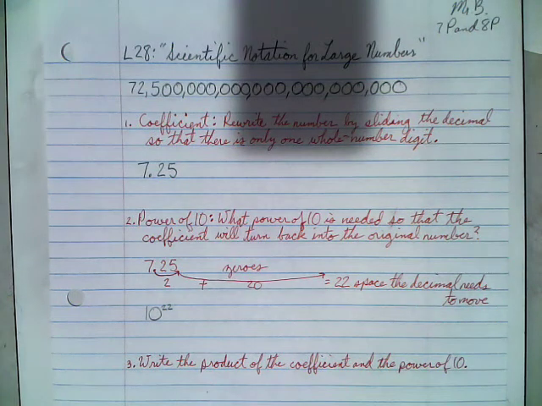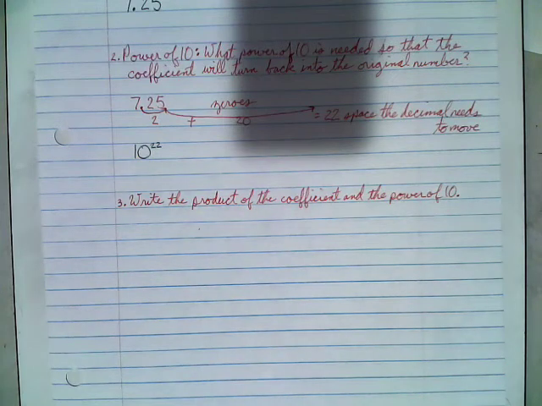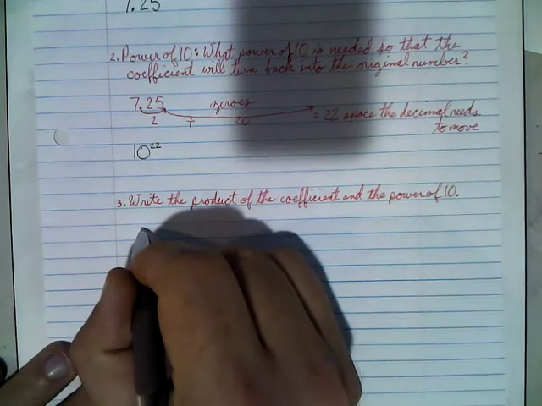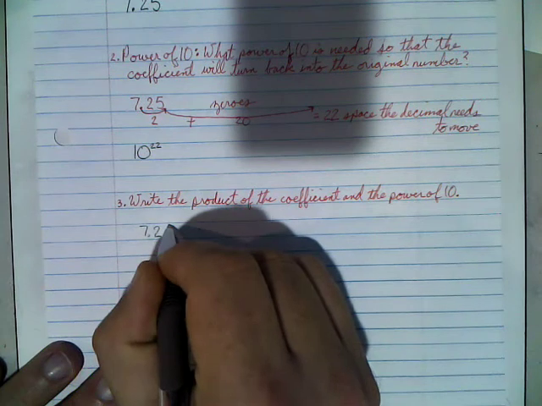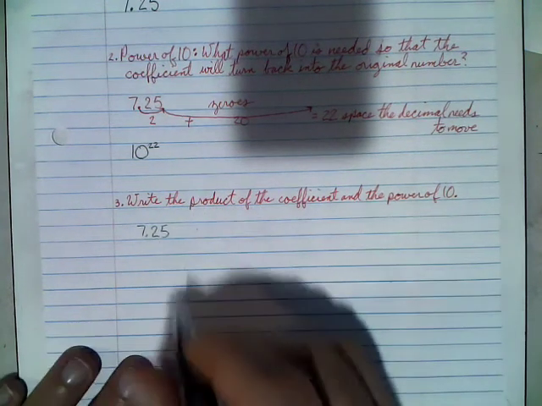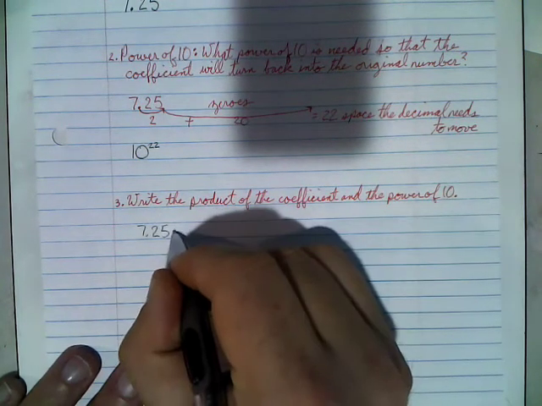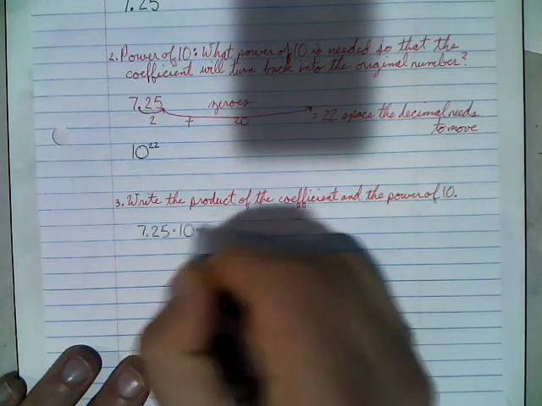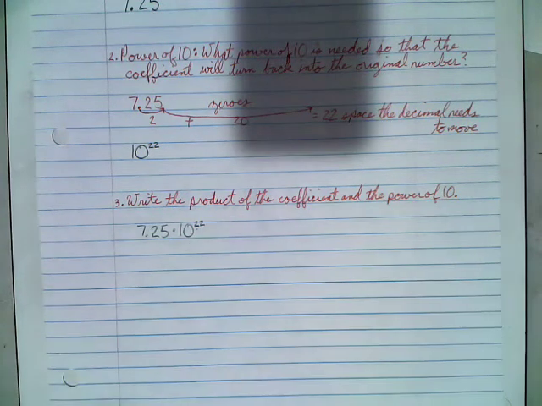Now, product means that we're writing this as a multiplication problem. So I'm going to slide that up here. So the coefficient, 7.25. Product means we're multiplying. And then power of 10 was 10 to the 22nd power. And that, ladies and gentlemen, is scientific notation.